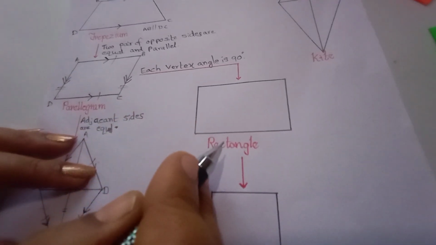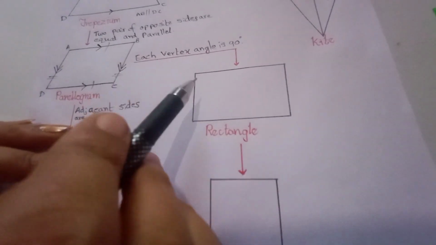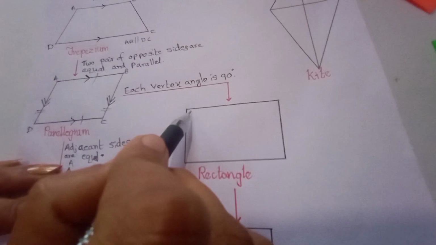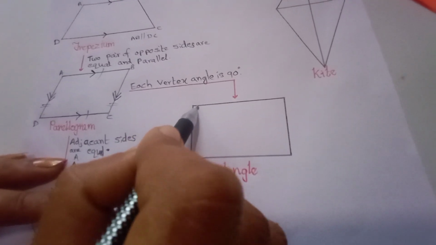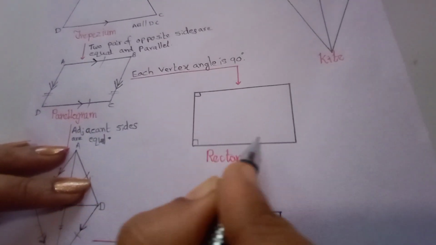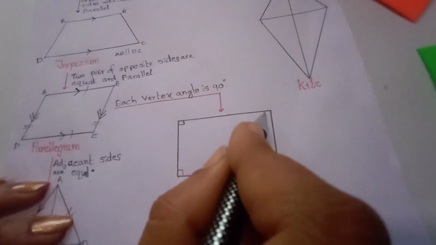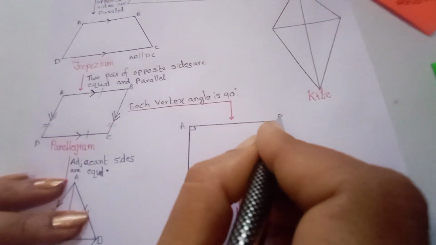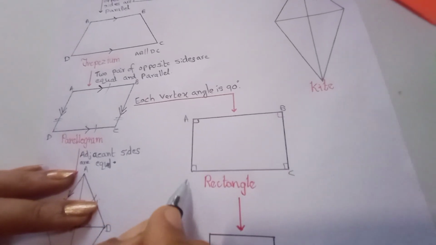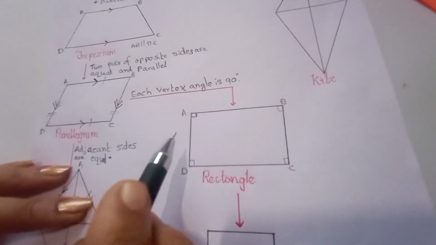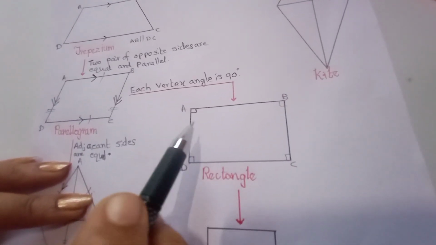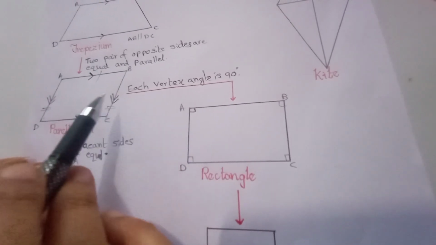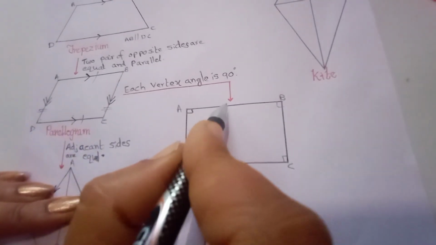In this rectangle, all vertex angles will be equal to 90 degrees. Name it A, B, C and D. It has the same basic properties of a parallelogram.